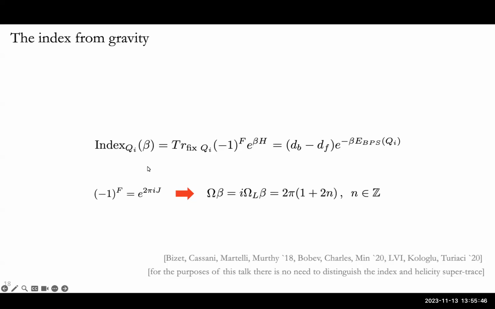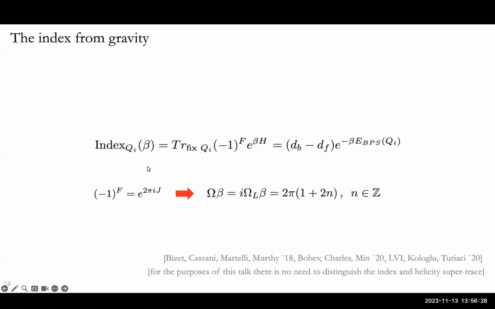The chemical potential associated to an angular momentum is just an angular velocity. So inserting e^(2 pi i J) in the partition function tells us that in the bulk geometry, we should turn on an angular velocity in such a way that omega times beta, this is the Euclidean angular velocity, is equal to 2 pi times (1 plus 2n), where n is an integer. This is just such that when J is integer or half-integer quantized, this shift by n being an integer should not matter.